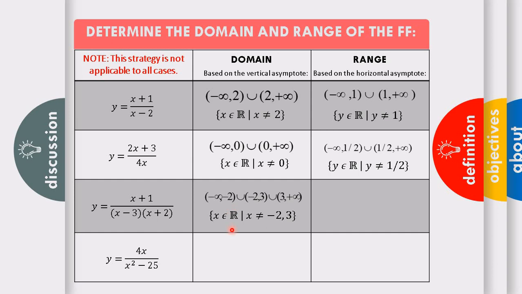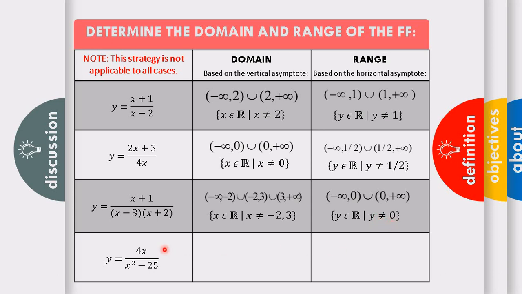Or x is an element of real numbers such that x is not equal to negative 2 and 3, since negative 2 and 3 are the vertical asymptotes. Next, horizontal, so we have 0. So we have negative infinity to 0, union 0 to positive infinity, and y, an element of real numbers such that y is not equal to 0.